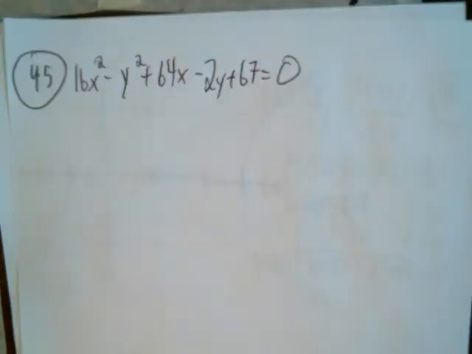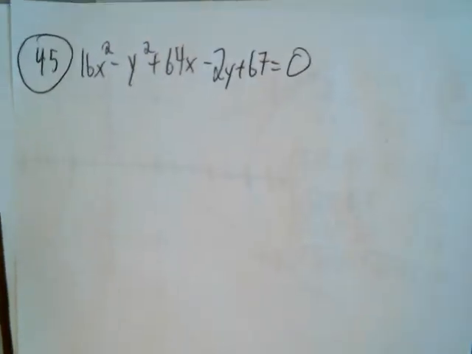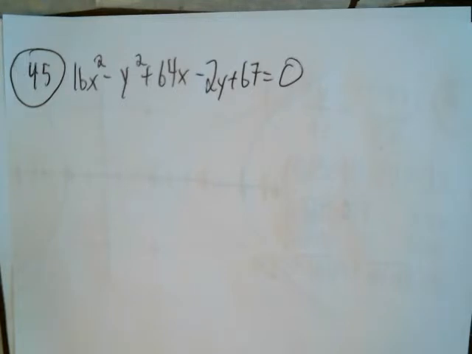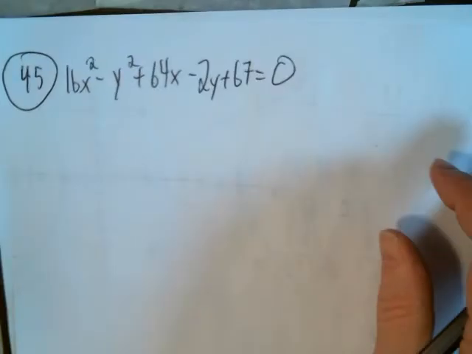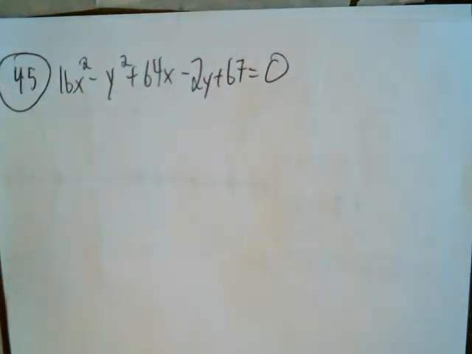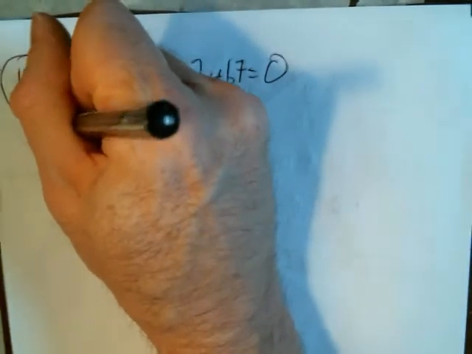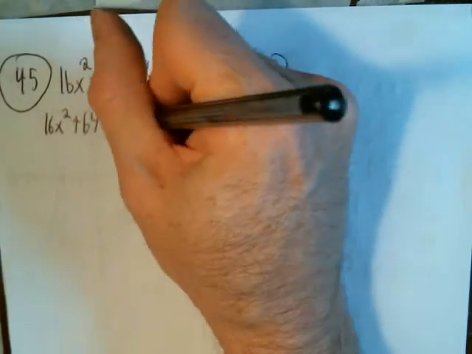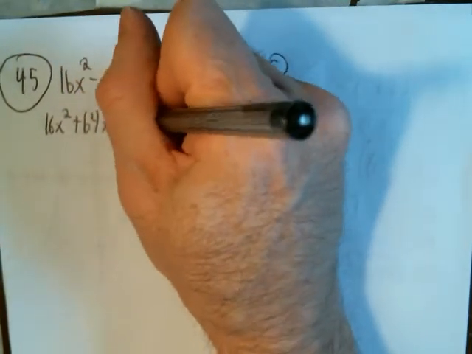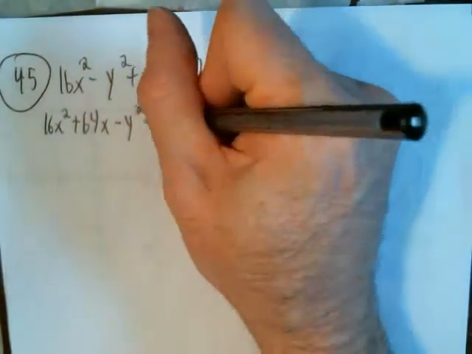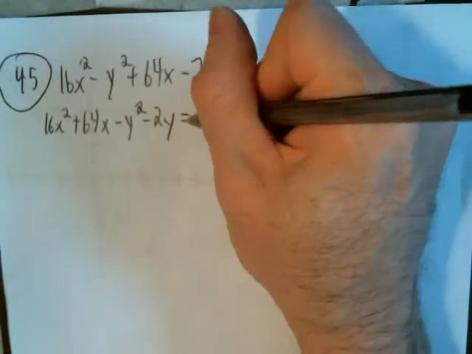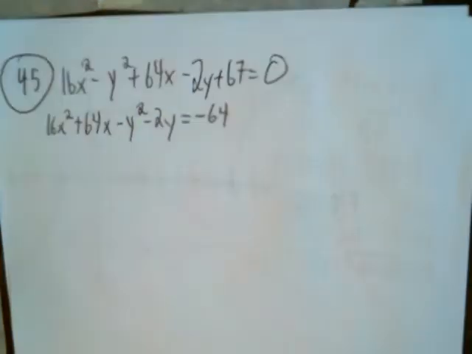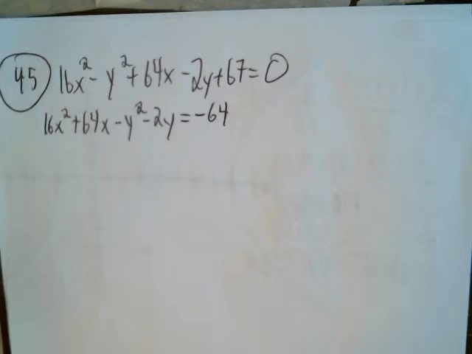Okay. So we want to group the x terms together, group the y terms together, and then complete the square. Remember, you need a leading coefficient of 1 to complete the square. Here we go. So I'm grouping the x terms and getting the constant on the other side.